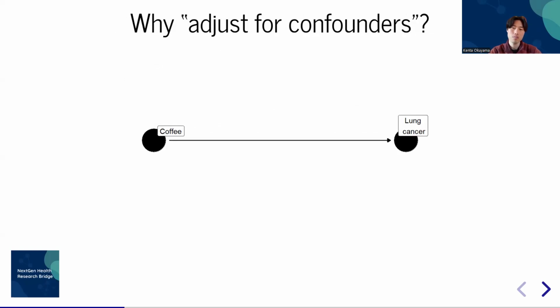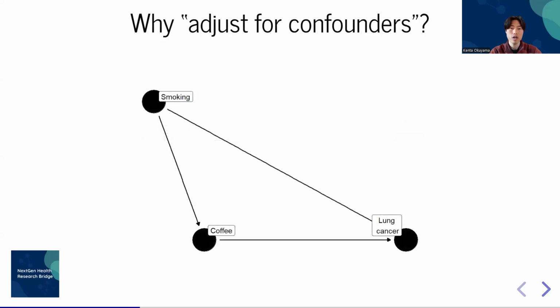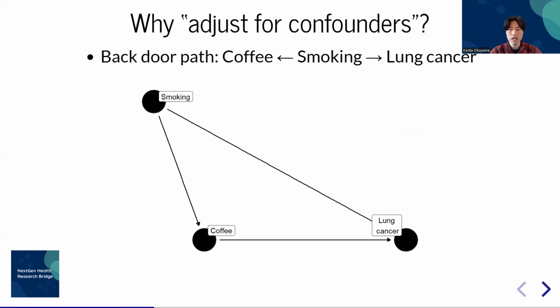More coffee drinking may be associated with increased risk of lung cancer. However, that may be confounded by a third variable, such as smoking, because smokers may be more likely to drink coffee to a larger extent compared to non-smokers. And therefore, the association that we see between coffee drinking and lung cancer is actually via this third variable, smoking.